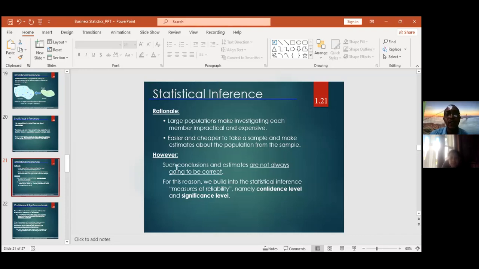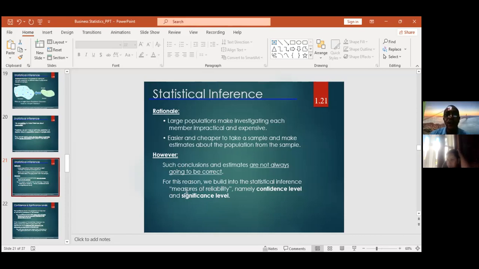However, this one is very important. However, such conclusions and estimates are not always going to be accurate because we are only picking 500 out of 50,000. The conclusion will not always be accurate. For this reason, we build into the statistical inference measures of reliability.